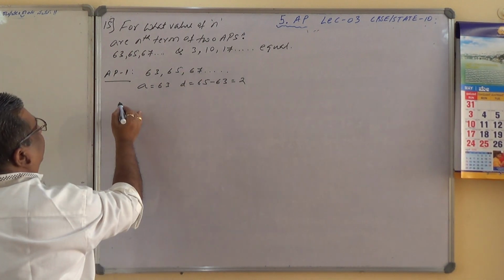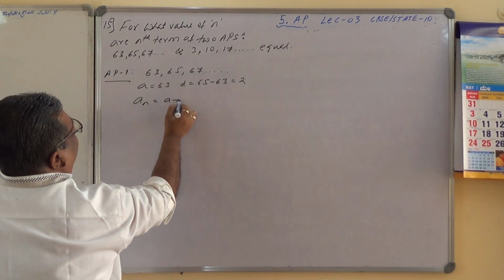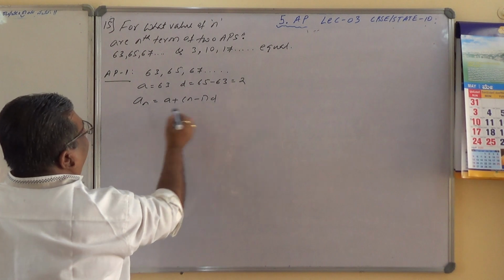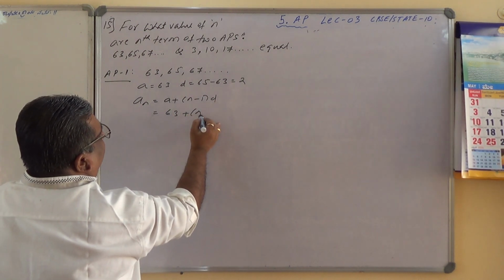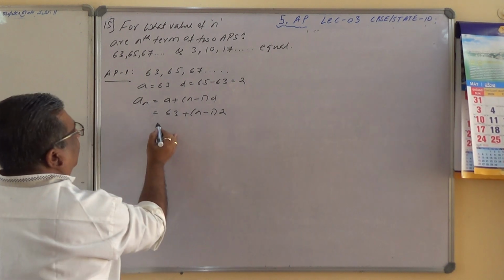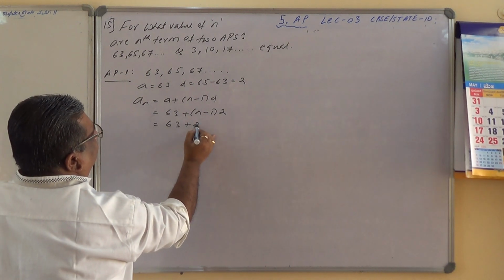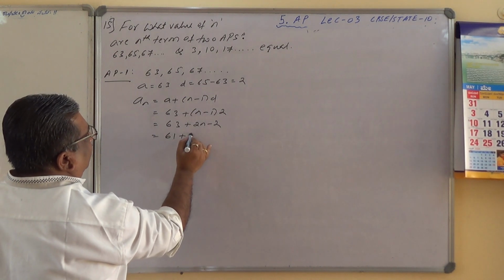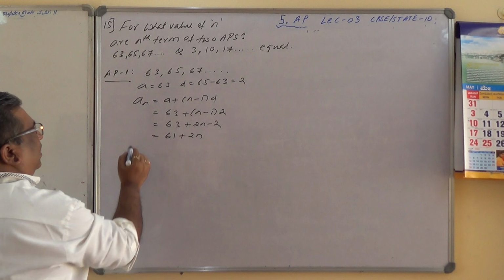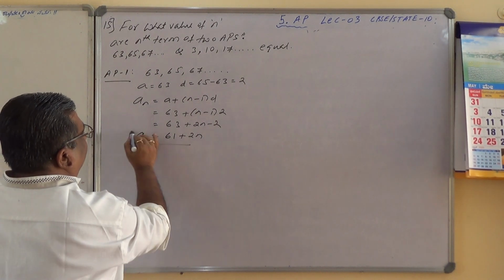So the nth term here is an equals a plus (n minus 1) times d, which is 63 plus (n minus 1) times 2, equals 63 plus 2n minus 2, which is 61 plus 2n. Okay, this is the nth term.